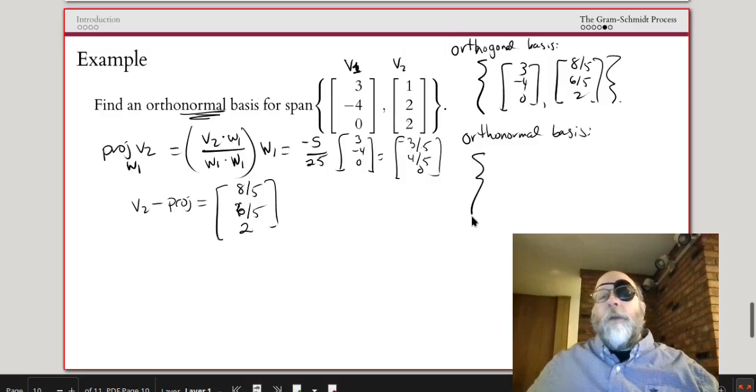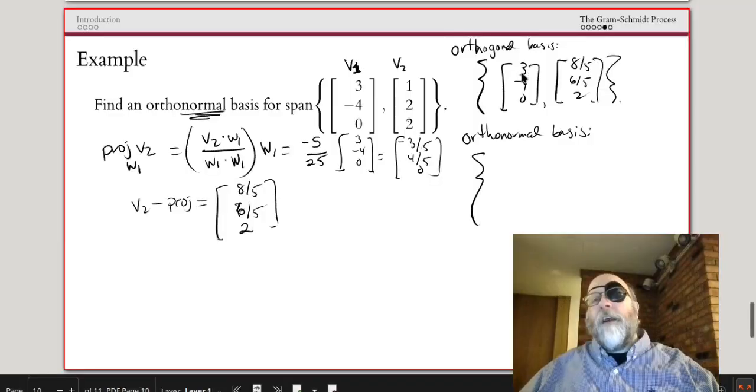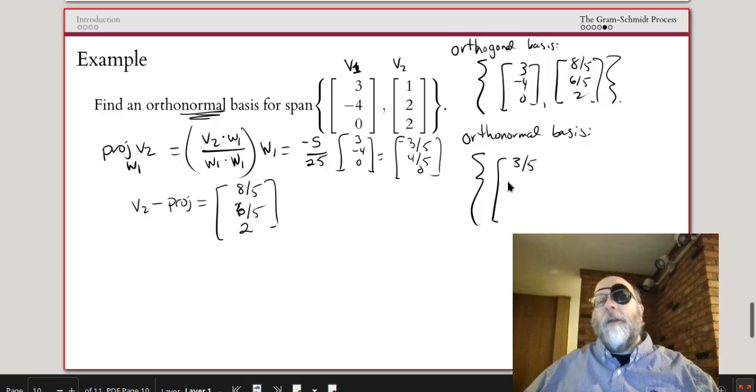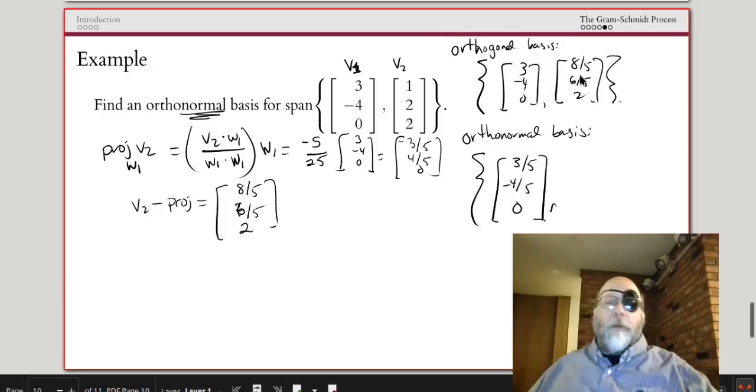That's okay. We just divide by the magnitudes of these vectors. This vector has a magnitude of 5. It's part of a 3, 4, 5 triangle, so we get 3/5, negative 4/5, and 0. The other one, we're going to have to do a little bit of work here.